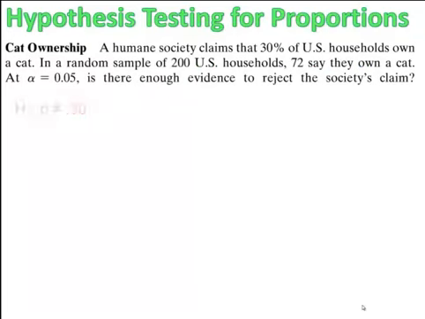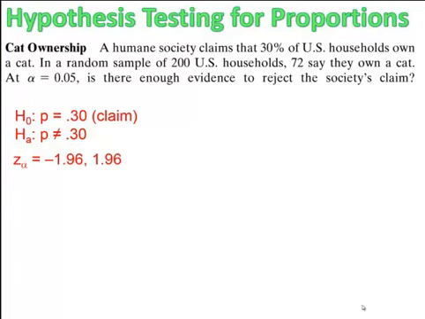So in this case, our claim is on the null hypothesis. We're looking to see if our percentage is equal to 30%. It's a two-tail test, so our critical values are both the negative and positive 1.96. Our test statistic is 1.85, so we're testing it against the positive critical value, and we see that it's a false statement.